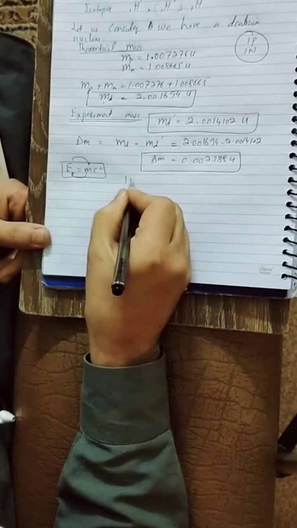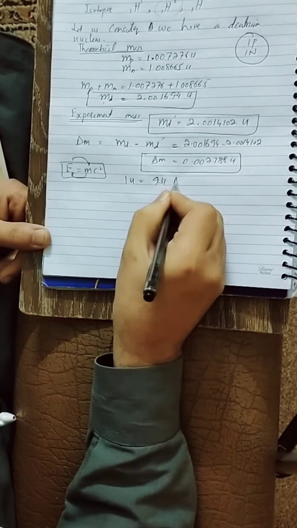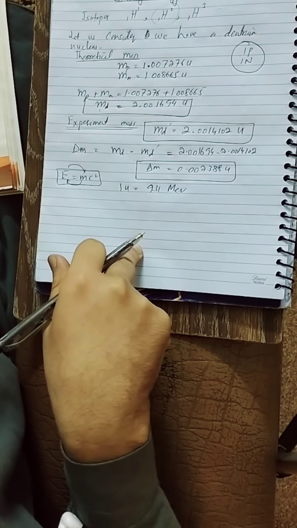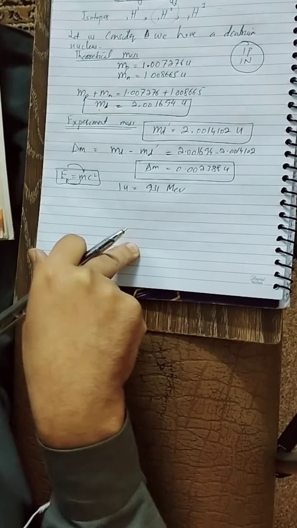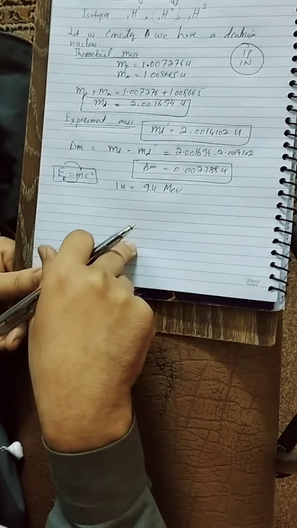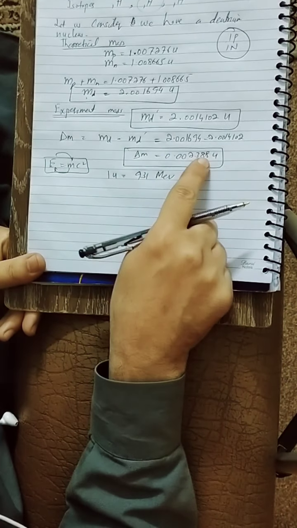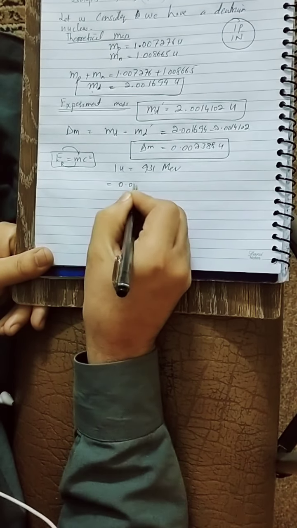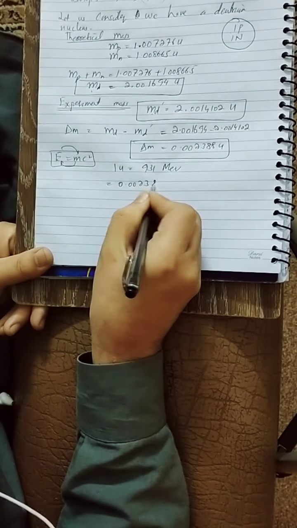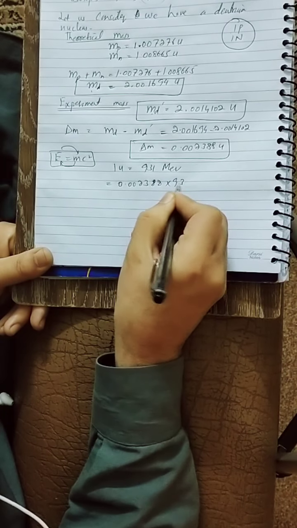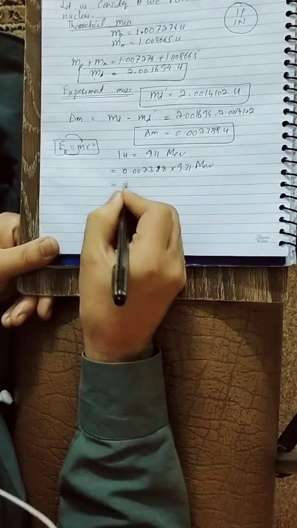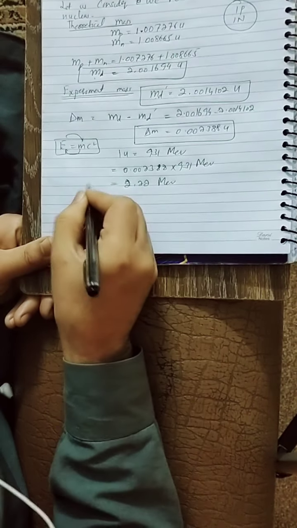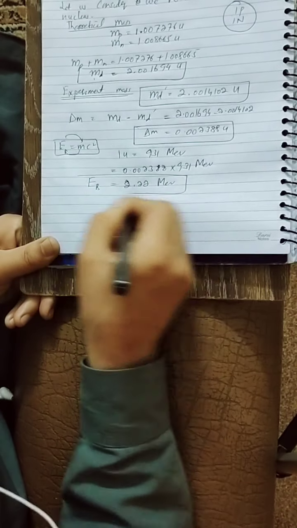We know that one atomic mass unit is equal to 931 mega electron volt. I want to find the energy, so I multiply 0.002388 by 931 mega electron volt and get 2.22 mega electron volt. This energy is called the binding energy.